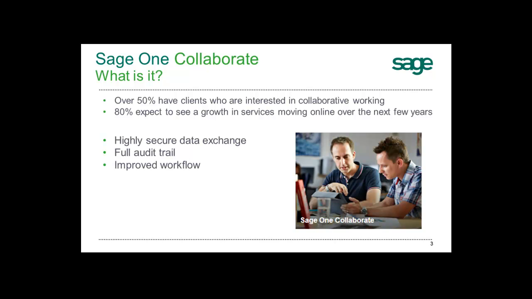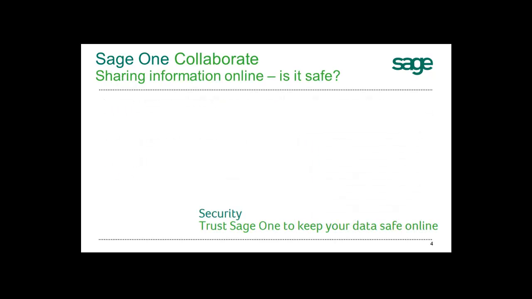It will improve workflow, so it enables more efficient sharing of files across all mainstream documents such as CSVs, imaging file formats and also PDFs. And you get instant approval, so the authorization feature will allow your clients to approve or reject documents which have been shared. So you can rest assured that your critical business data and that of your clients is safe with Sage.